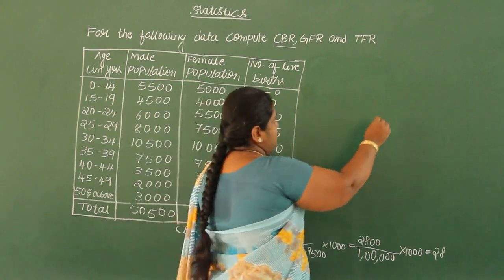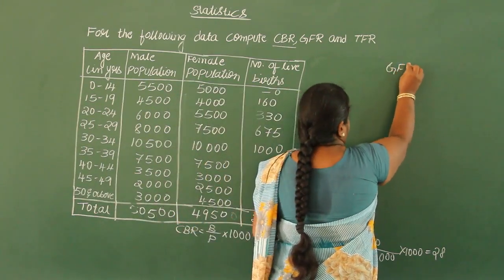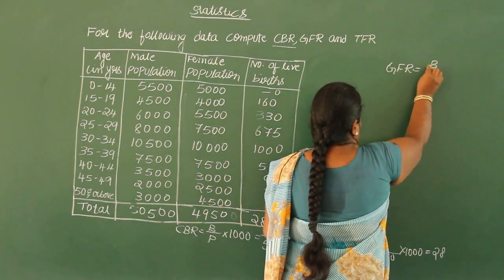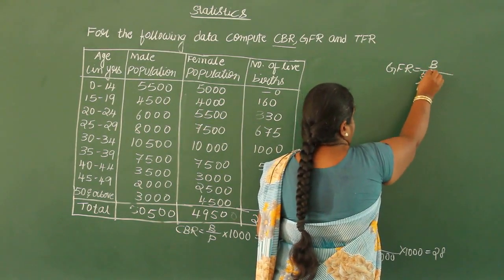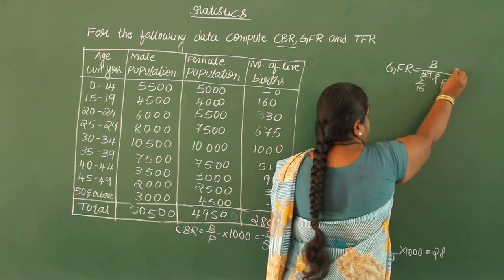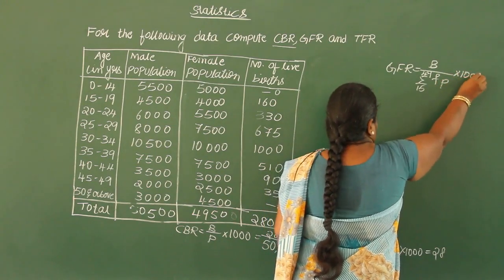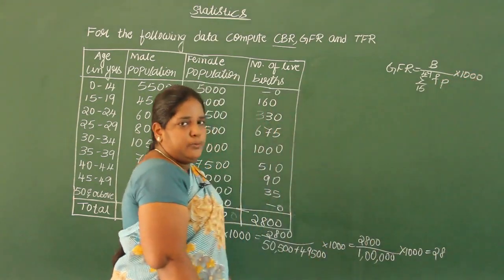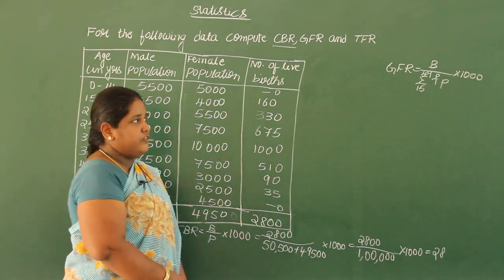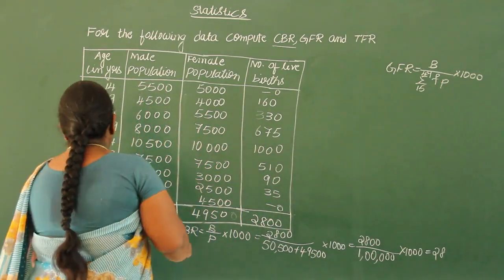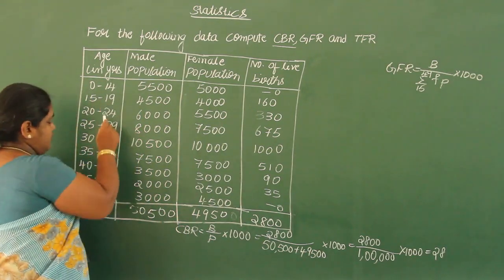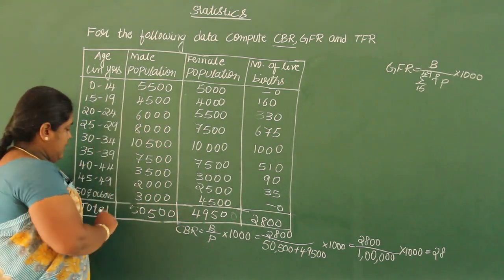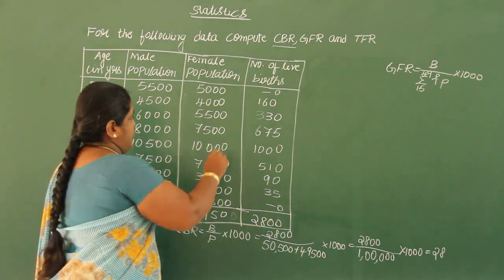What is the formula of GFR? It is B divided by sigma of the female population aged 15 to 49, into 1000. So now we need the female population for the age group 15 to 49. First check where you have the age group 15 to 49. It is the second value up to the second last value.